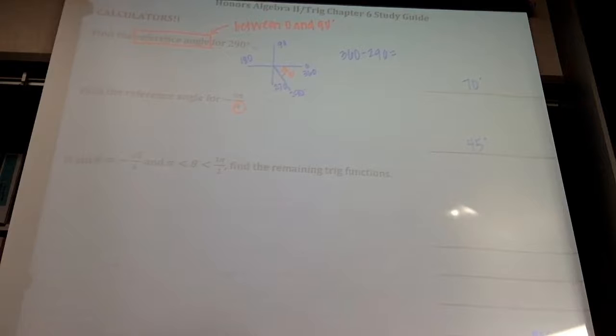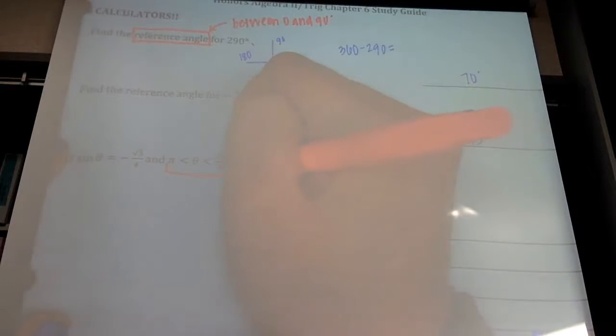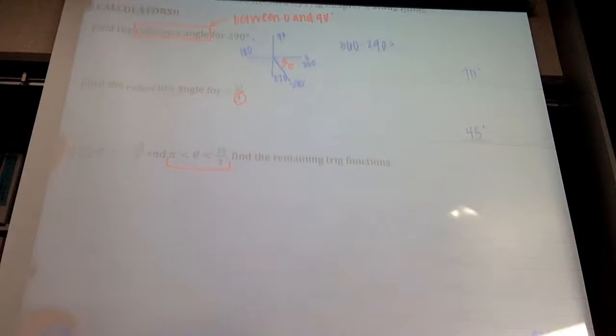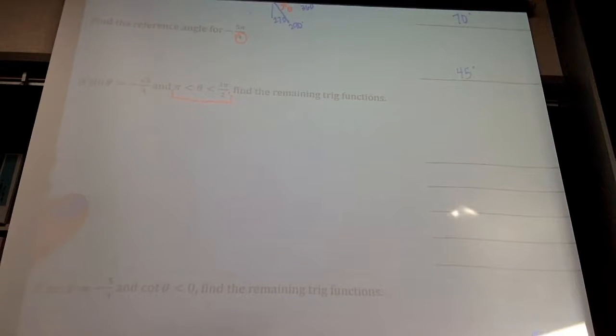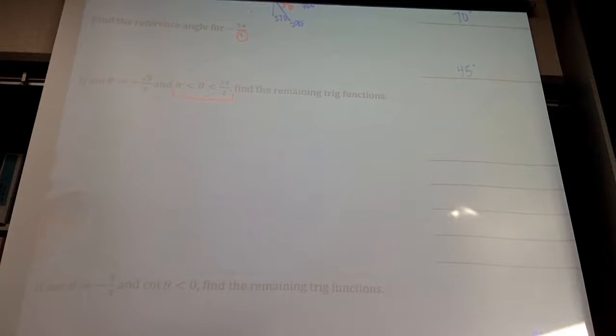It says if sine theta is equal to negative rad 3 over 4, and pi is less than theta, which is less than 3 pi over 2, find the remaining trig functions. Okay, so first off, what this information is telling us is what quadrant my triangle is going to be in.